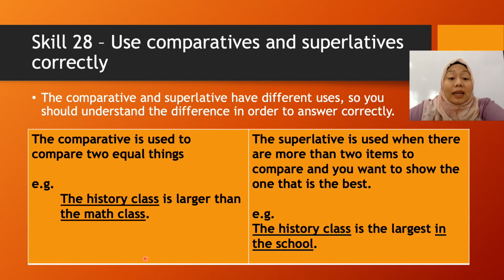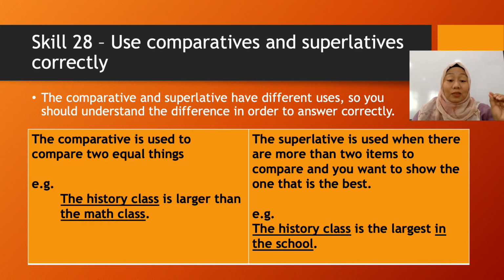Okay, and for superlative, now superlative is used when there are more than two items to compare and you want to show the one that is the best. That is superlative. For example, the history class is the largest class in the school.